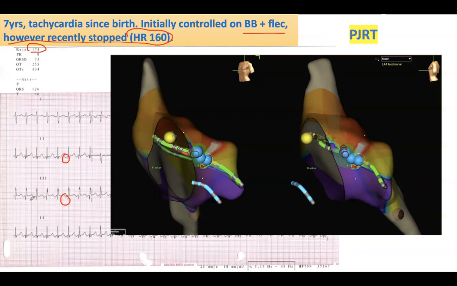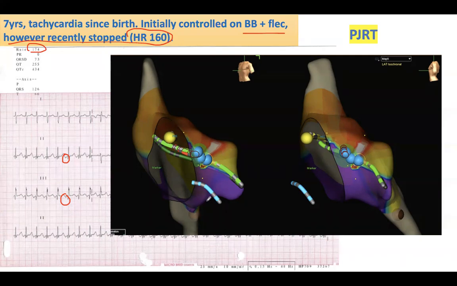This is like a flutter wave that is not very fast. PJRT P wave is very wide. It looks like flutter, but not very fast, because it exits from where the flutter also exits. So it resembles a wide P wave. Anyway, it's one of your differentials.